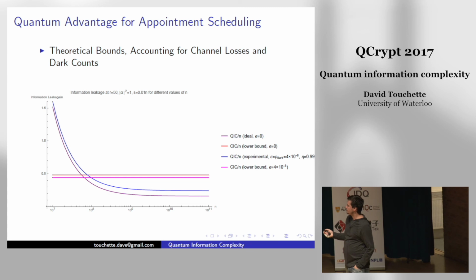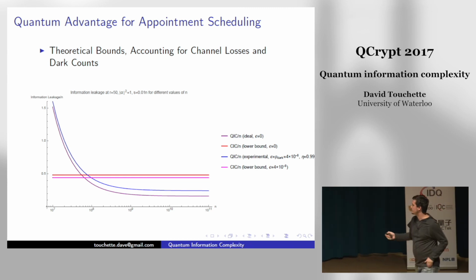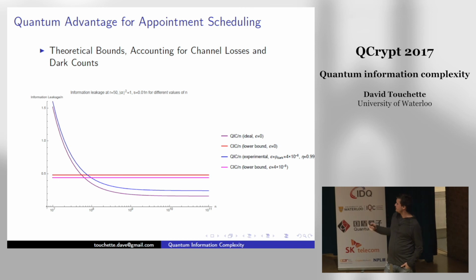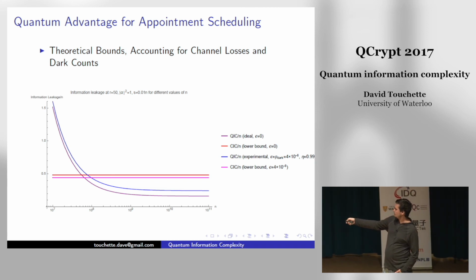Then we have theoretical bounds that show that indeed we can get some quantum advantage even when accounting for channel losses and dark counts. The ideal quantum protocol is this purple bound. Accounting for experimental errors, we can still get the blue bound.